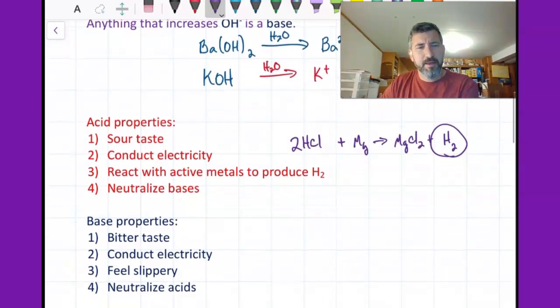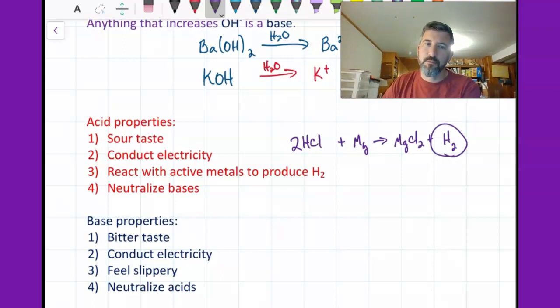All right, how would you identify a base? Well, bases tend to be even more poisonous than acids. They tend to be associated with plant toxins, insecticides, things that make you sick if you eat them. And that bitter taste has evolved to tell us to stay away from some of those substances.